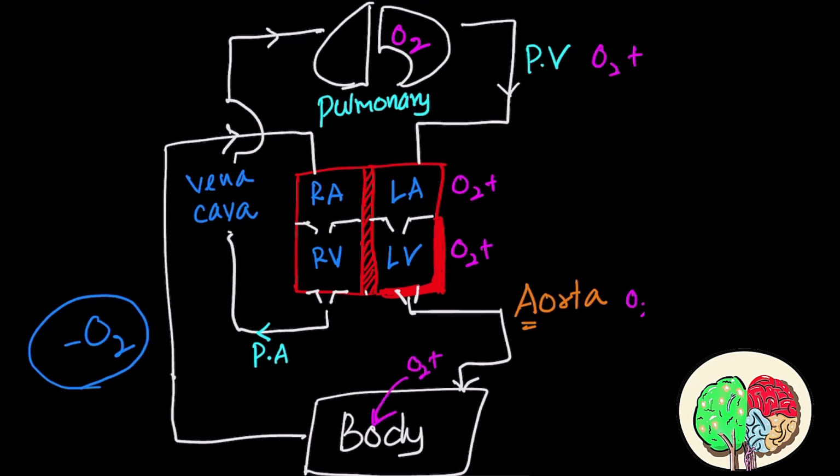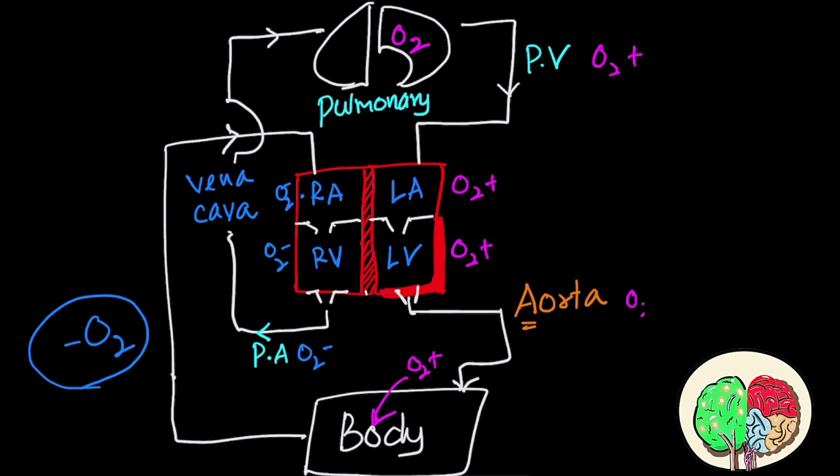And then the deoxygenated blood in the vena cava, the deoxygenated blood in the pulmonary artery, the right atrium, the right ventricle, all deoxygenated blood. That's the concept of it.